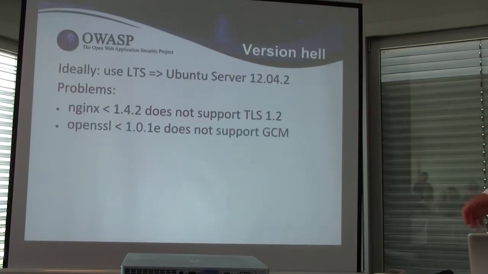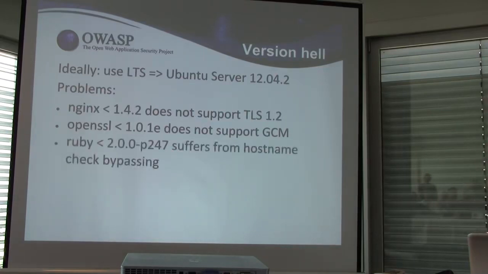Then OpenSSL, that is available for Ubuntu, doesn't actually support GCM. Again, it turns out that support for GCM is quite important. If you look at Ruby, then if you go below patch level 247, then it suffers from hostname check bypassing.